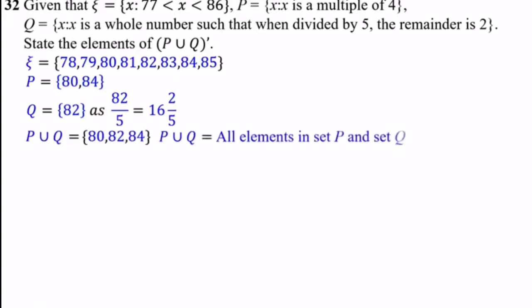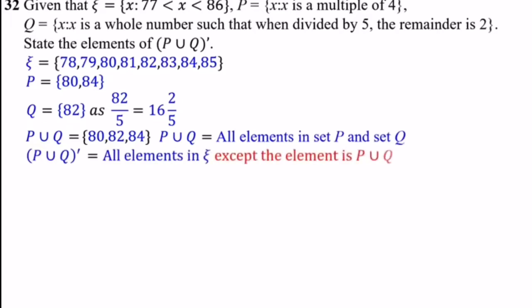Now we need to find the P union Q complement. As you know, P union Q is all elements in set P and set Q. So to find the complement of P union Q, it means the elements in the universal set that do not belong to P union Q. That means you cannot take in 80, 82, and 84.